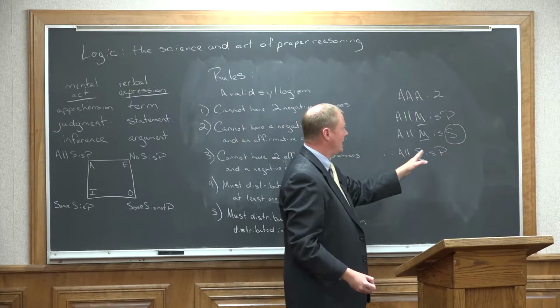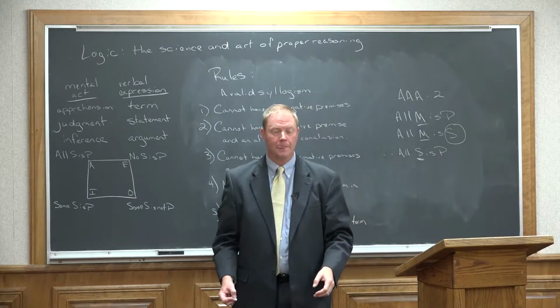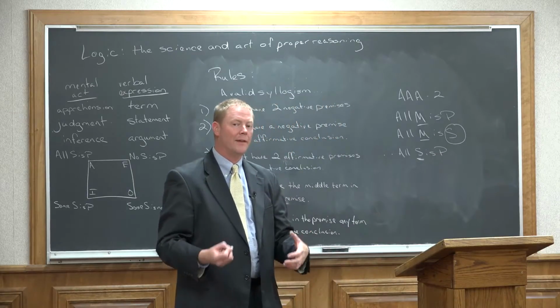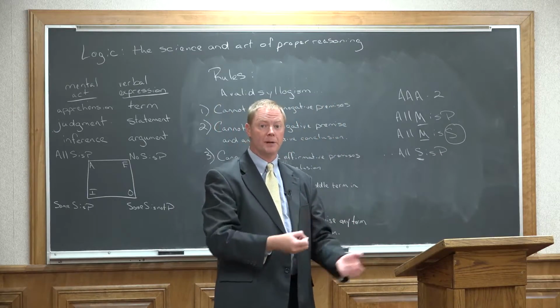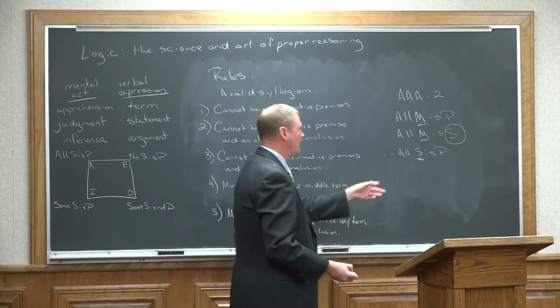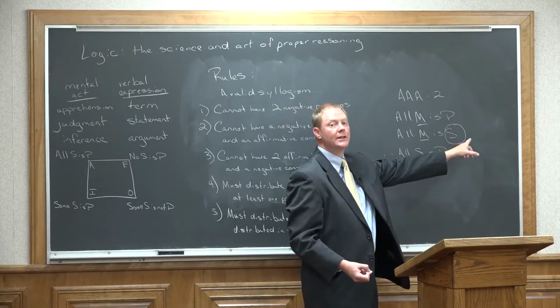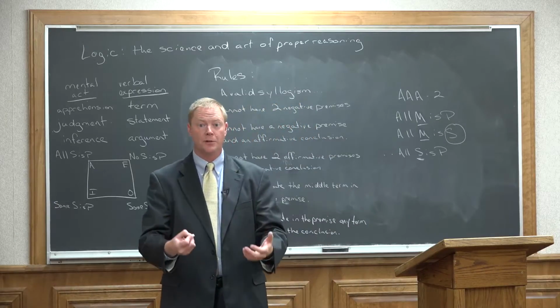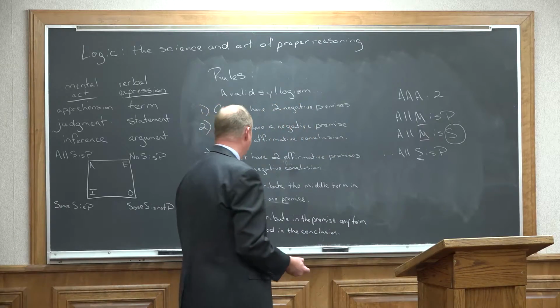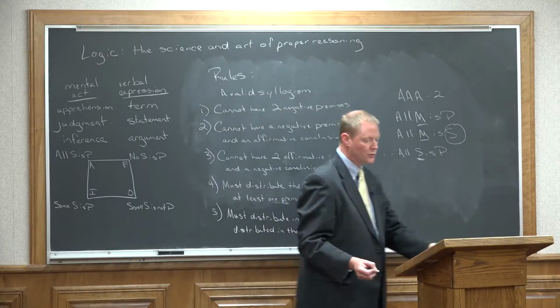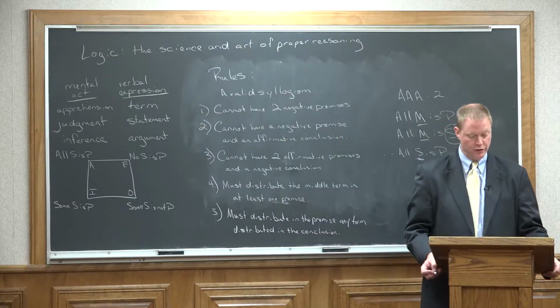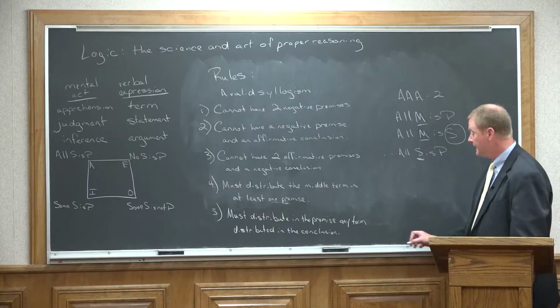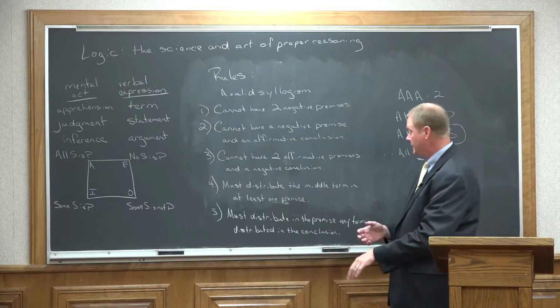So the conclusion all S is P goes beyond the premises. You're saying more about the S here than you are about the S here. Again, your conclusion cannot go beyond your premises. Okay, so these are the 5 rules for determining validity of a syllogism.